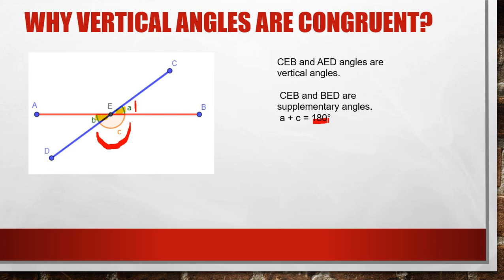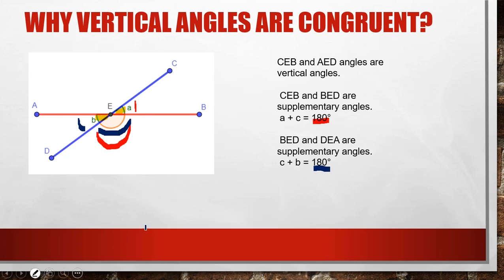And we also know that, let's change the color. The angle BED here again and the angle AED here, the blue ones, are supplementary angles. So their sum should be again 180.